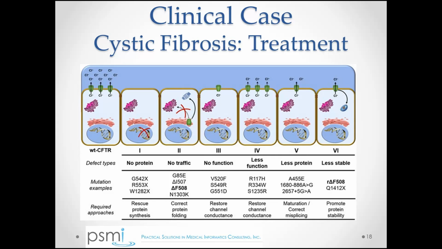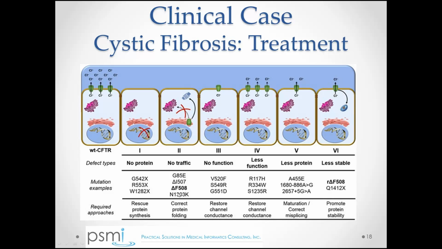We're not just treating the fact that the gene is mutated, but we're targeting the treatment based on the specific mutation. Class 1 mutations may have different treatments than class 2 mutations, which may have different treatments from class 3 mutations, although even within a class, the treatments being explored can vary.